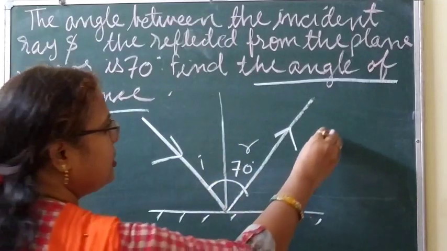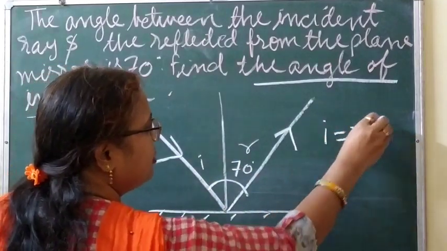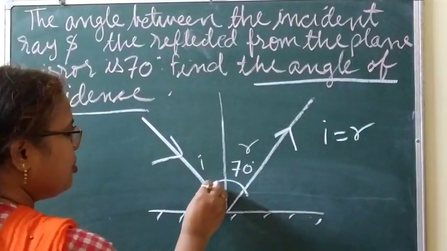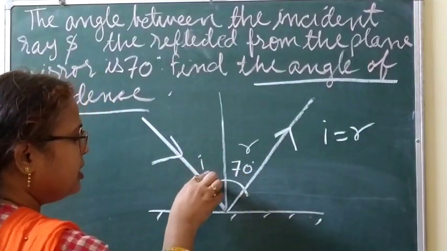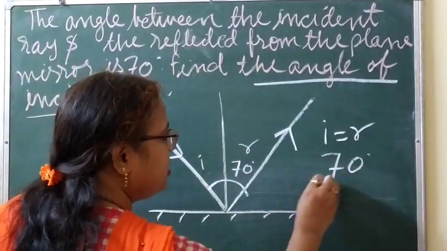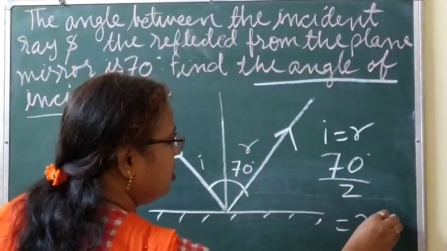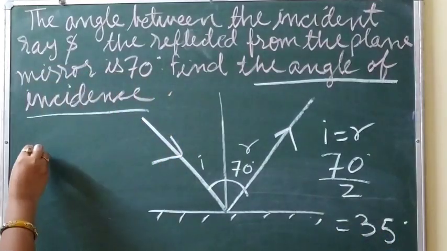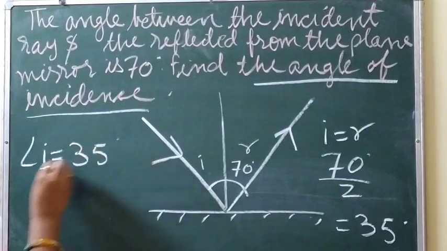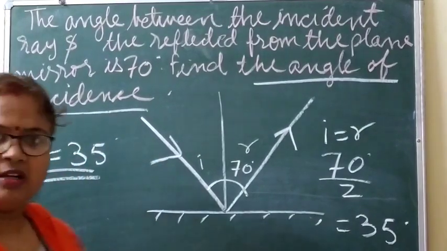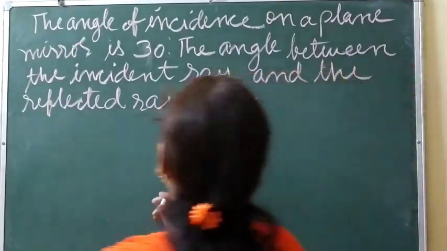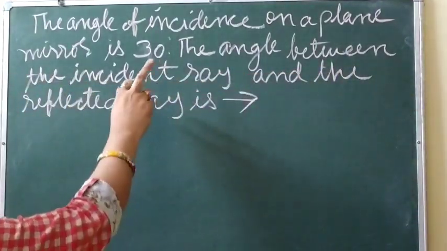You know that the angle of incidence is equal to the angle of reflection, that is, i equals r. So if the whole is 70 degrees, each one will be 35 degrees: 70 degrees divided by 2 equals 35 degrees. So the angle of incidence is 35 degrees. Answer.